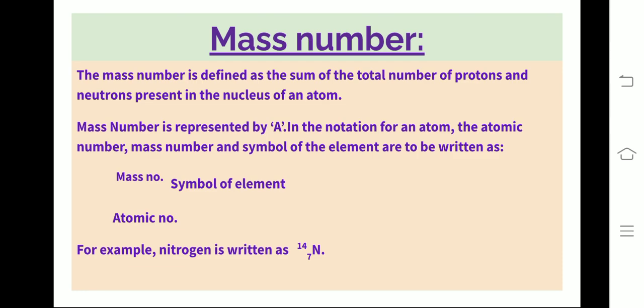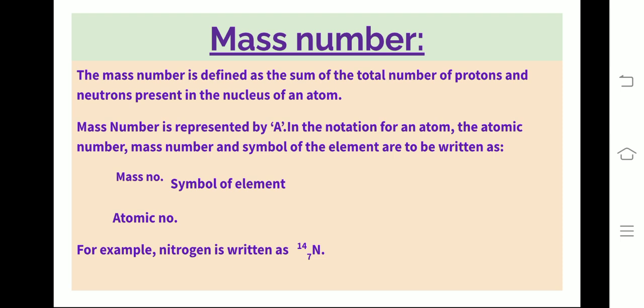Mass number. The mass number is defined as the sum of the total number of protons and neutrons present in the nucleus of an atom. We know that inside the nucleus of an atom, not only protons are present, but neutrons are also present along with the protons.